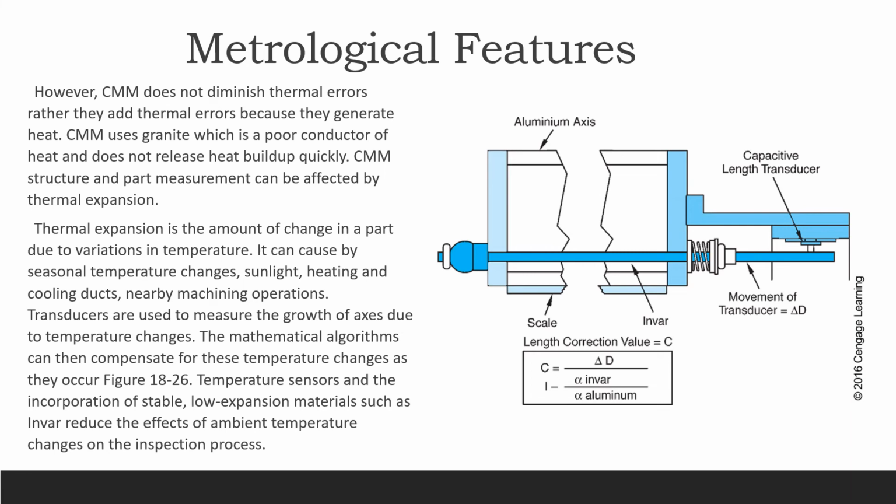You don't have to worry about the calculation here at all. All you have to know is how the thermal error is adjusted by using a transducer and a particular material. We call that invar. We can also use a substitute material here, anything that is going to reduce the heat.